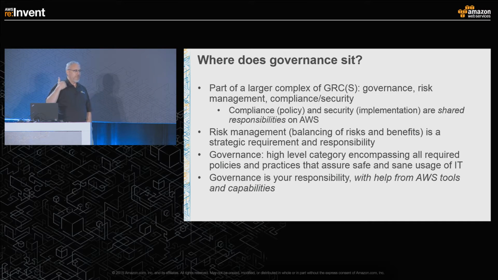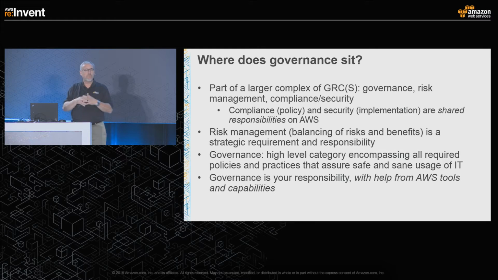Now, a theme you've heard many times from us at this conference is this idea of shared responsibility. When you come to the Amazon cloud and you use our services, we give you a ton of features and capabilities, and we take care of a whole lot of things that you used to have to worry about. So we dramatically reduce the surface area that your compliance, security, governance officials need to be concerned about. But within the area that remains, you still have to be on top of it.